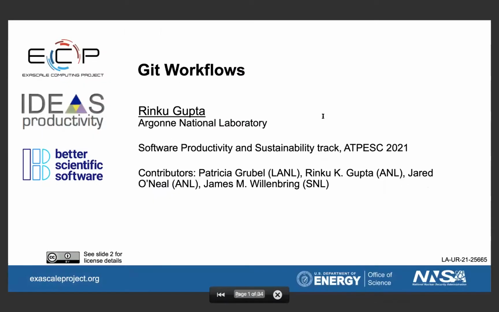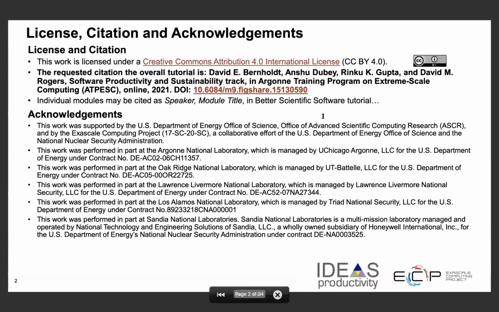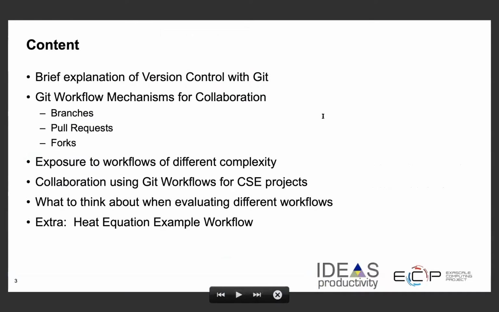There you go. All right, so in this section, let's talk a bit about Git workflows. We are trying to understand Git workflows here. We're not really talking about Git. Git is a version control system. Probably a lot of you are familiar with it.